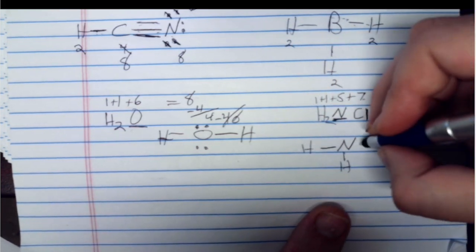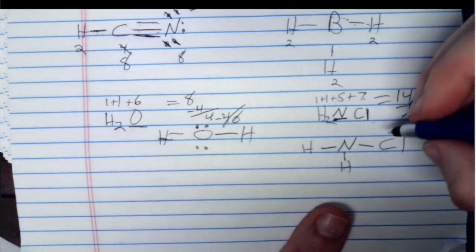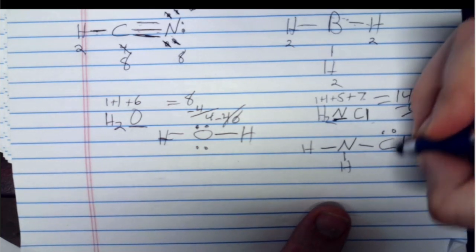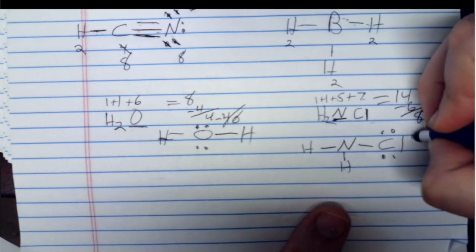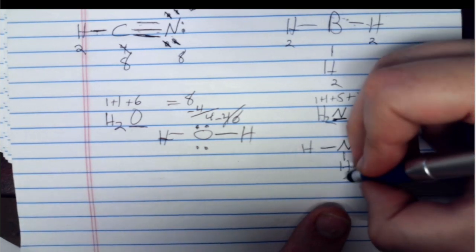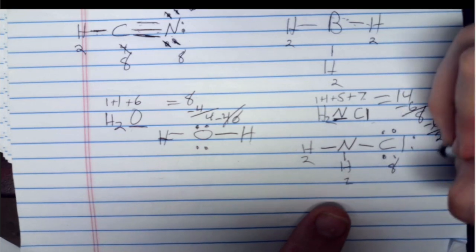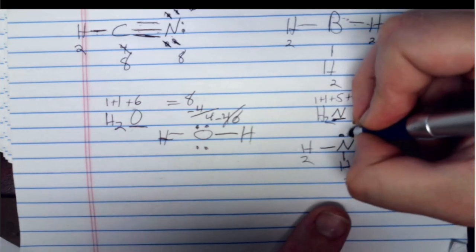2, 4, 6. We've used up 6. We have 8 left. 1, 2, 3, 4, 5, 6. We have 2 left. This guy has a duet, and octet, so we have to put the remaining 2 right there.